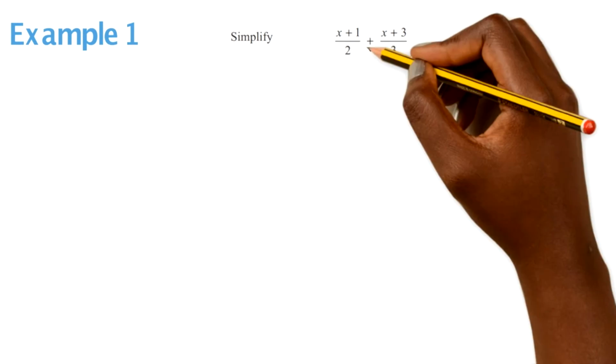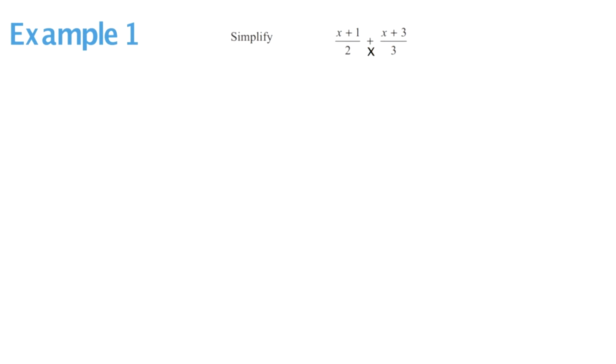So now we're going to head on into some practice questions. So example 1. So here it wants us to simplify x plus 1 over 2 plus x plus 3 over 3. So first thing we're going to do is we're going to multiply the denominators, which is 6. So that's our lowest common denominator.